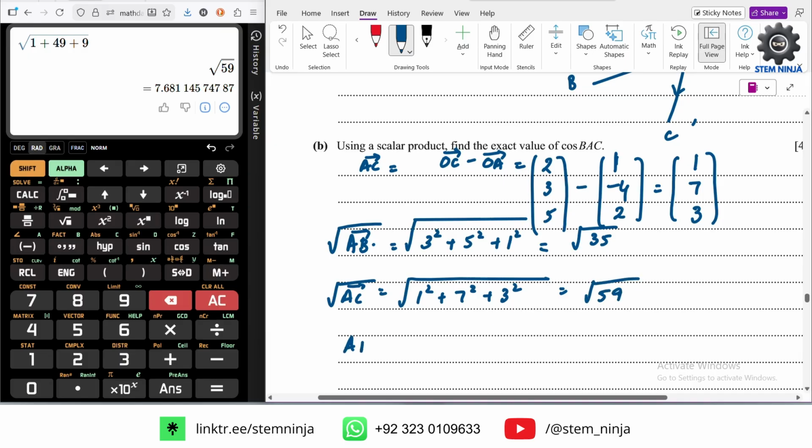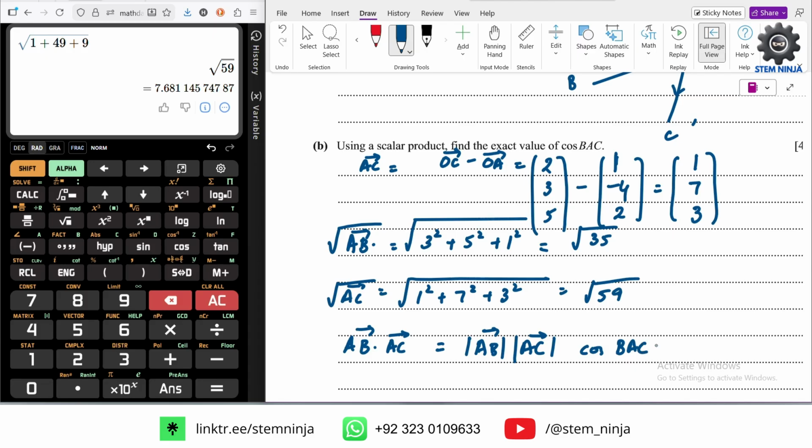Okay, now we can take AB dot AC is equal to the magnitude of AB, magnitude of AC, cosine of BAC.